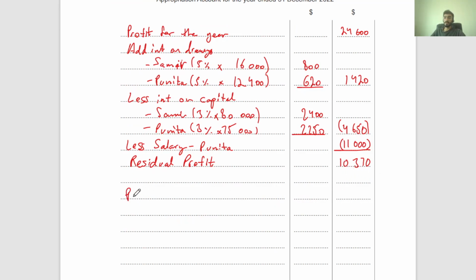And so we just put that in profit share. Samir and Punita.